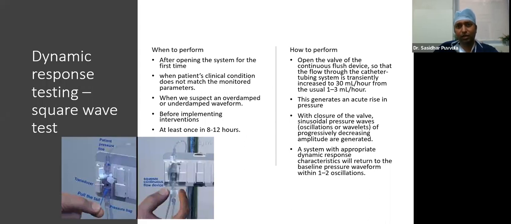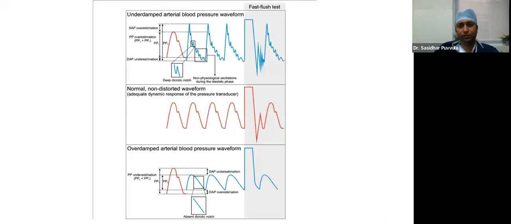So once you do that, the pressures that have acutely raised have to return to the baseline. In a normally resonating and normally damped tubing system, the return to baseline occurs within 1 to 2 oscillations. I would be showing this in my next slide.